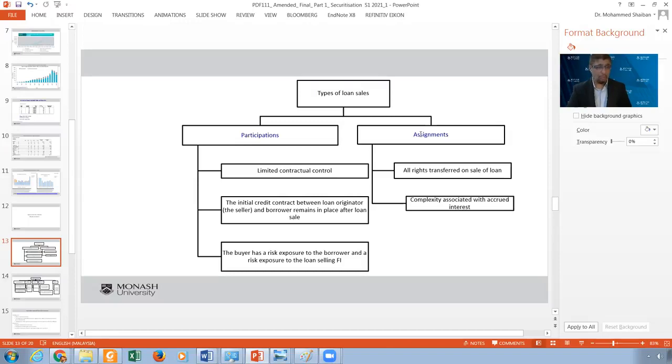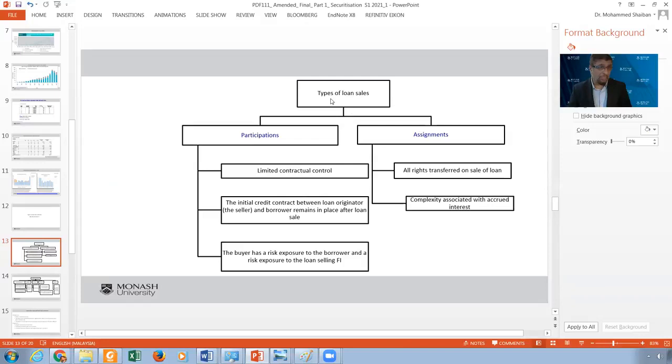Then they want to sell that loan. They sell the future cash flow and the interest of this loan to somebody else, collect the money now, bring it to cash to the bank and take the loan out of their balance sheet.